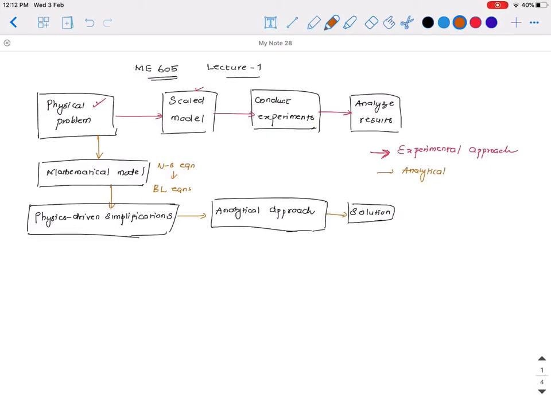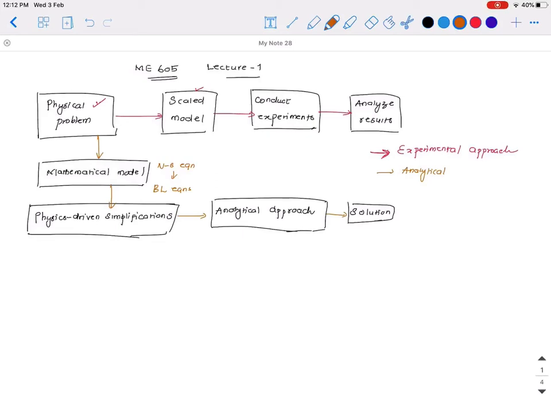Or based on the physics of the problem, we can make assumptions like steady flow or uniform flow that will reduce the complexity involved in solving the governing equation. After making the physics driven simplification, we employ an analytical approach.